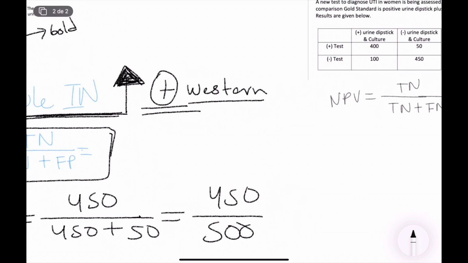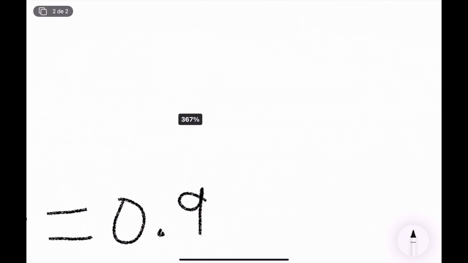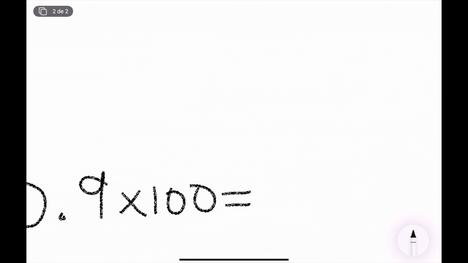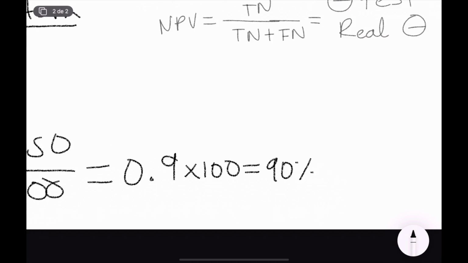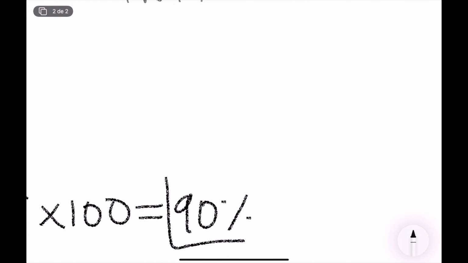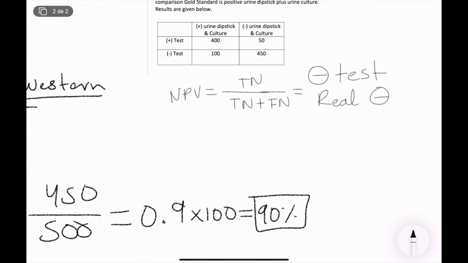So if we make the operation, it would say that it is 0.9. If we multiply by 100, it is 90%. So 90% is the specificity of the test. Okay.